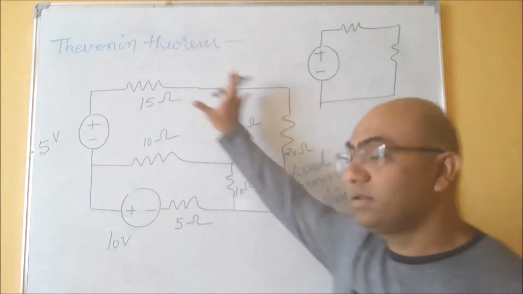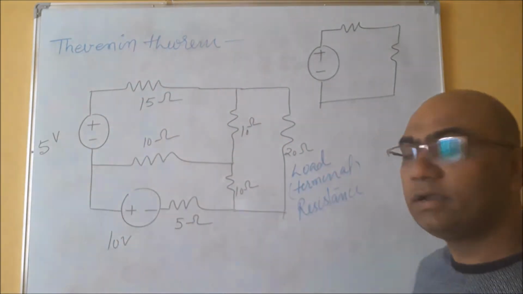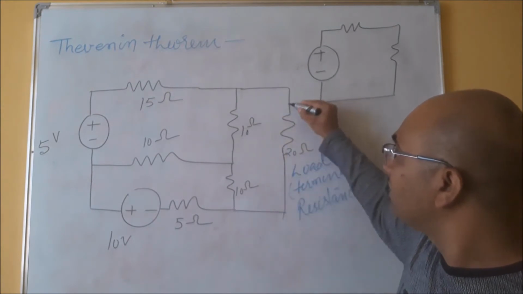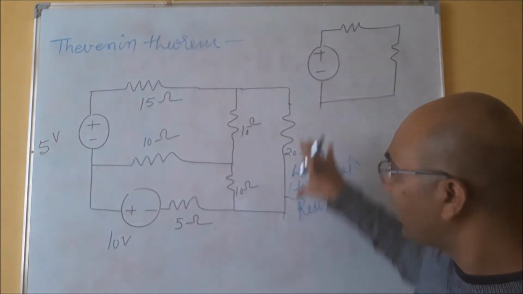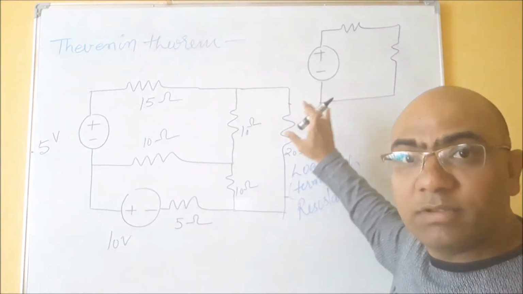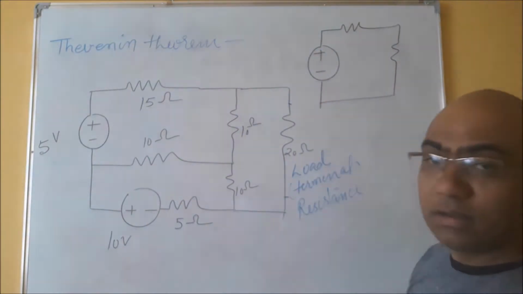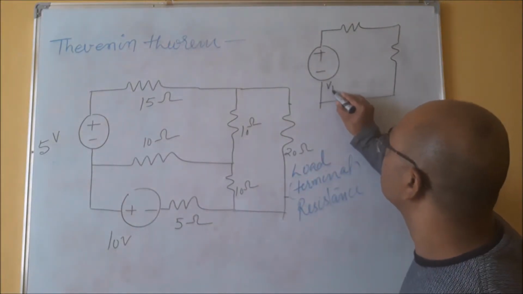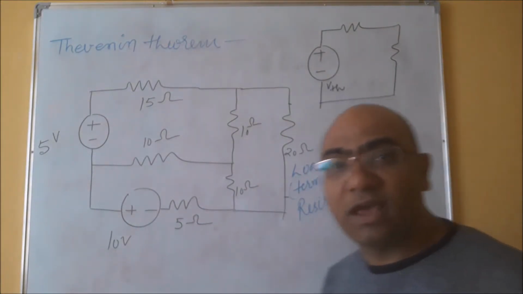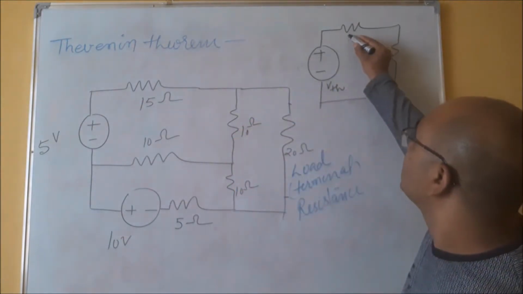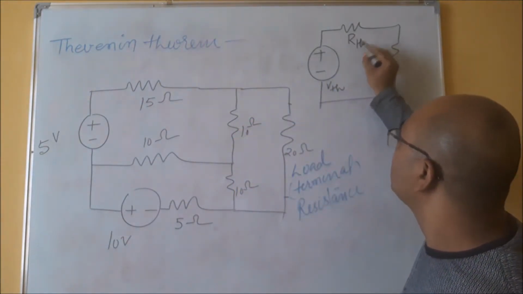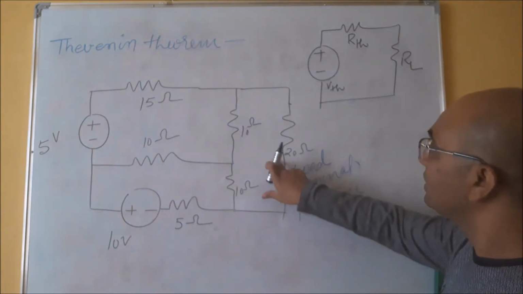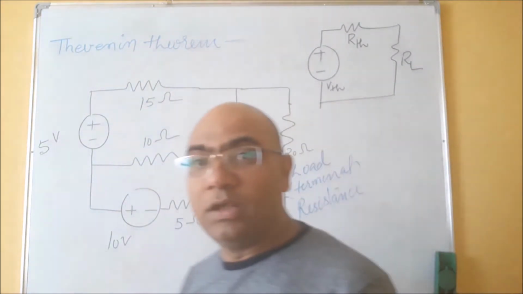Again, the whole circuit which is terminated at these two terminals, or at this branch, can be represented as this simple circuit, where this voltage source is called VTH, the Thevenin voltage, this resistance is called RTH, the Thevenin resistance, and this is the load resistance which is given in the problem.